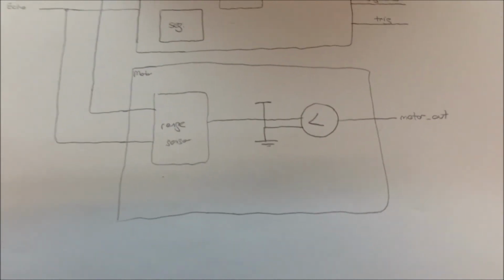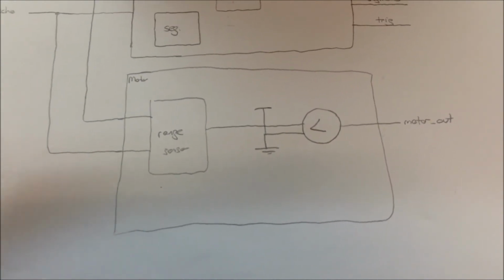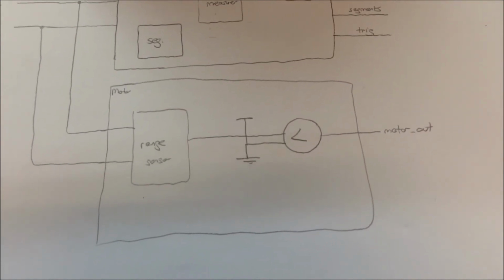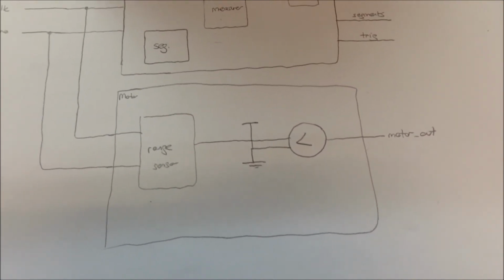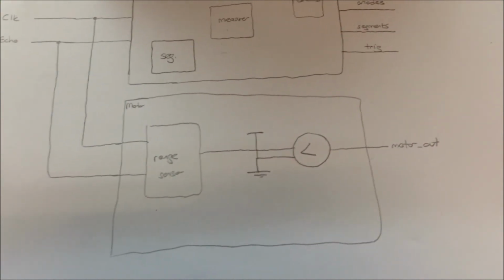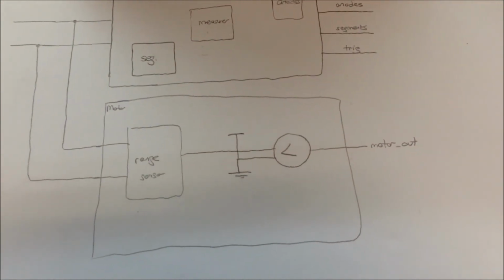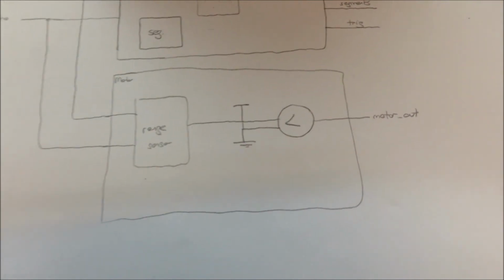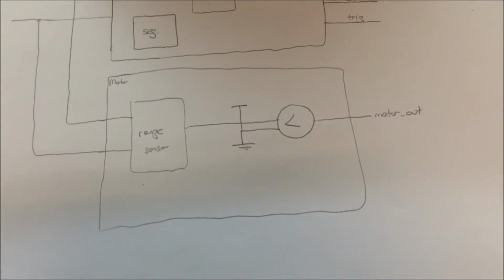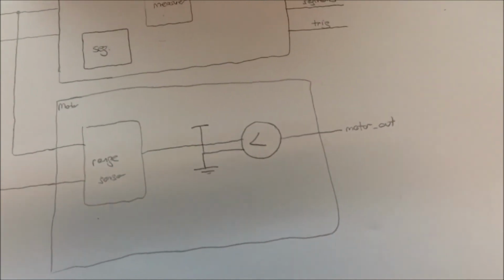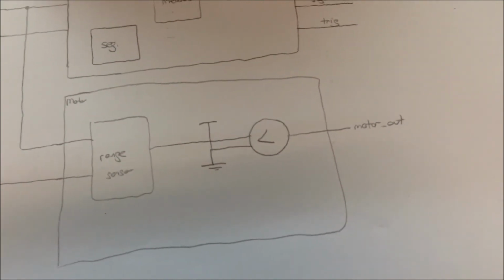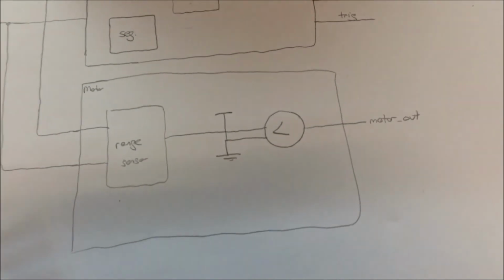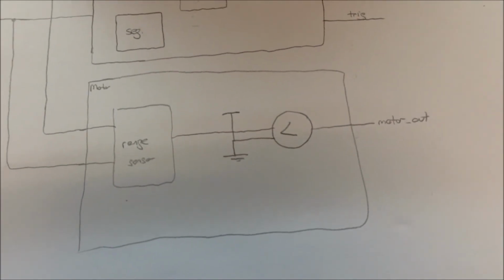For example, for my demo, the distance is 25 centimeters, and this 25 centimeters is calculated due to the echo time value, which was 125,000. If the echo time is less than 125,000, which is 25 centimeters, then the motor starts to work. If it is more than this value, the motor does not work.